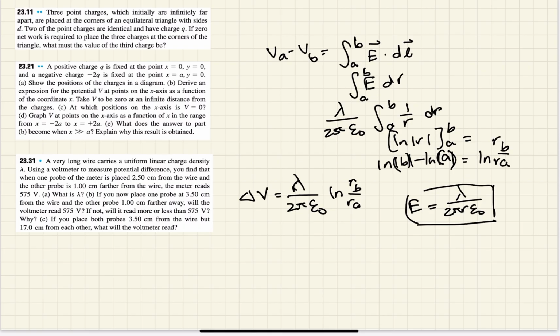Now we get into the actual solving of the problem, which is you've got a voltmeter, and one end is 2.5 centimeters above, and the other is 1 centimeter farther than that. And so in this case, RB will be 3.5, RA will be 2.5, and so you just solve for lambda with that.